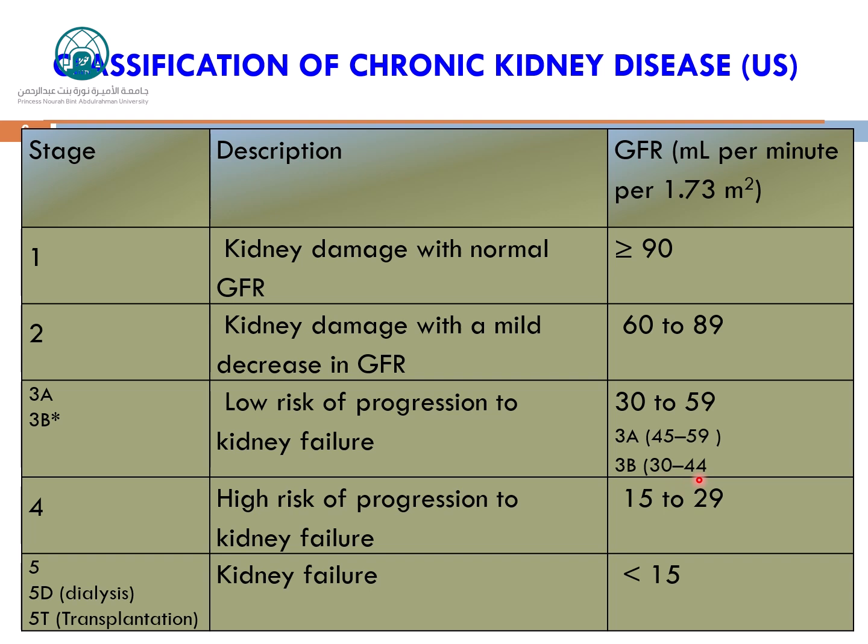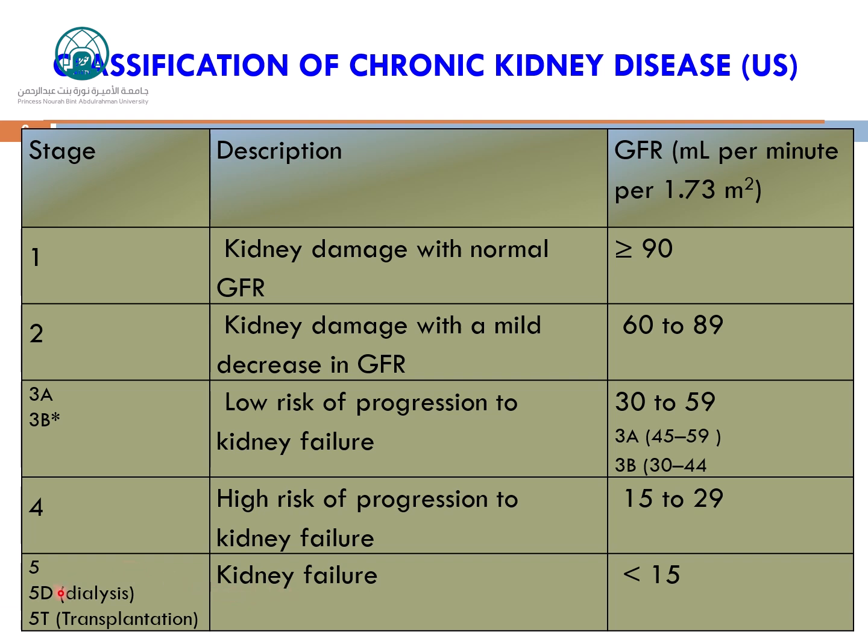It's bad. For stage 4, there is a high risk of progression to kidney failure. The GFR is reduced more and more, to 15 to 29. Okay, what about stage 5? In stage 5, there is complete kidney failure.